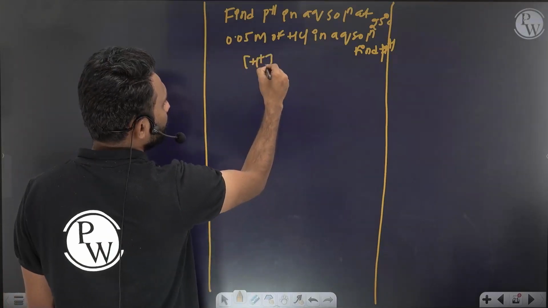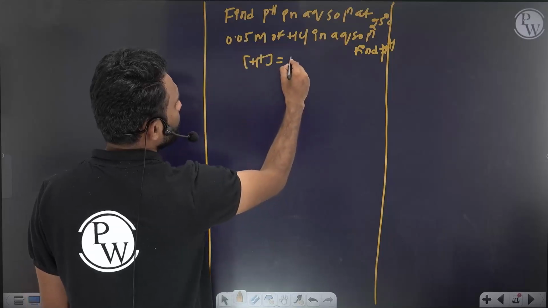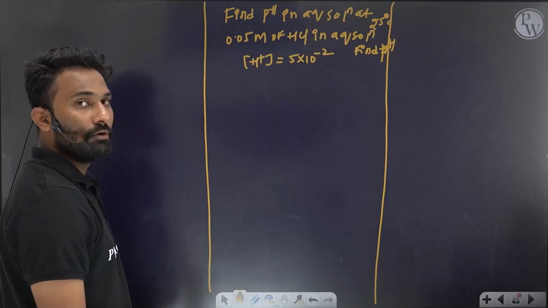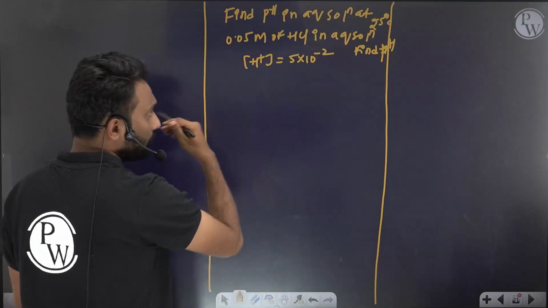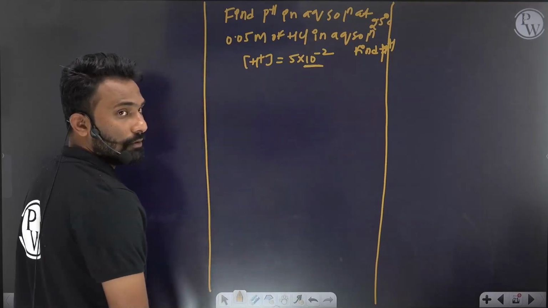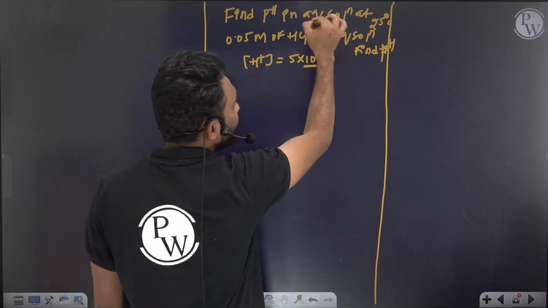H plus will be equal to 0.05, which we can also write as 5 into 10 to the power minus 2. Here the H plus ion concentration is 10 to the power minus 2. He is asking in the aqueous solution.